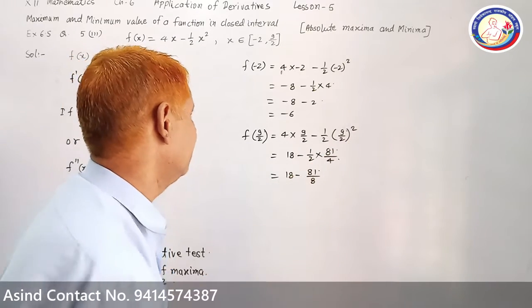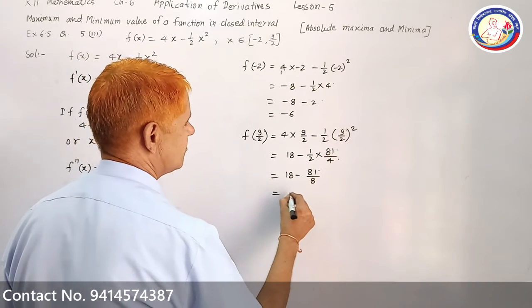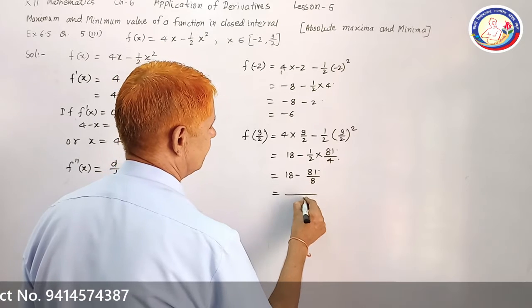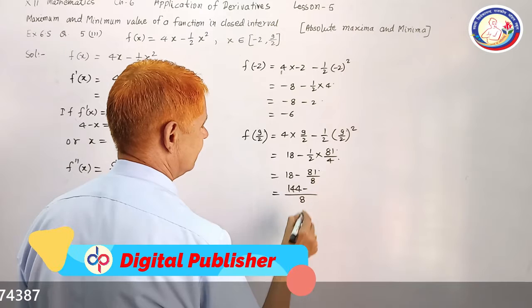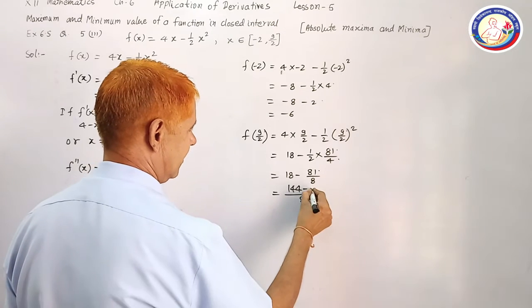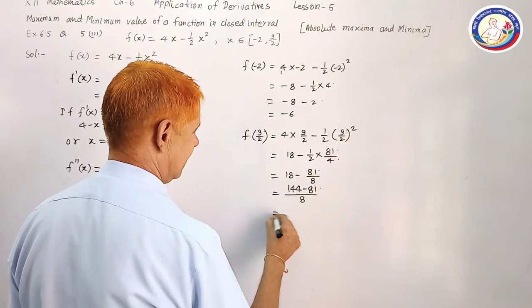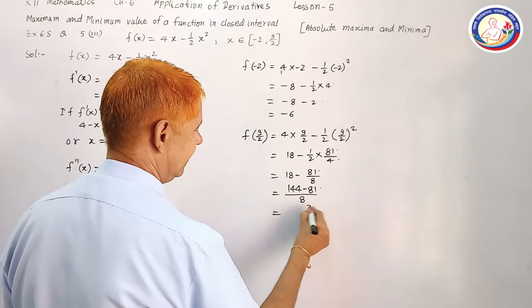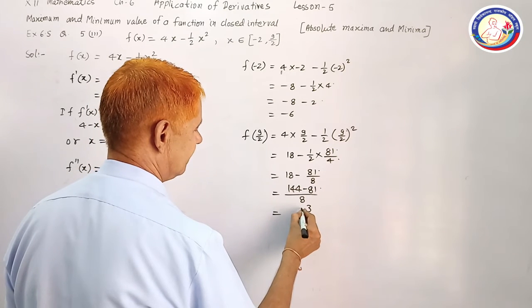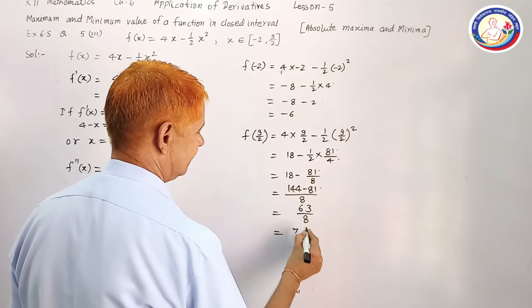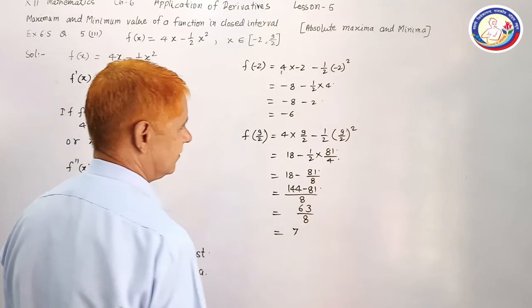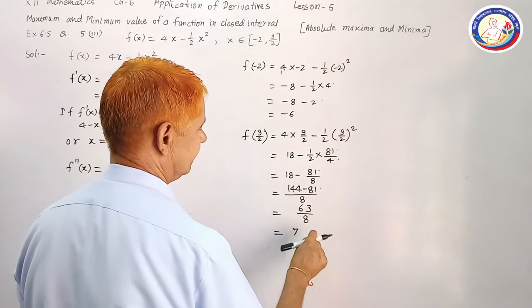On simplification we shall get 144 minus 81, and if we subtract we will get 63 upon 8. This will be positive.